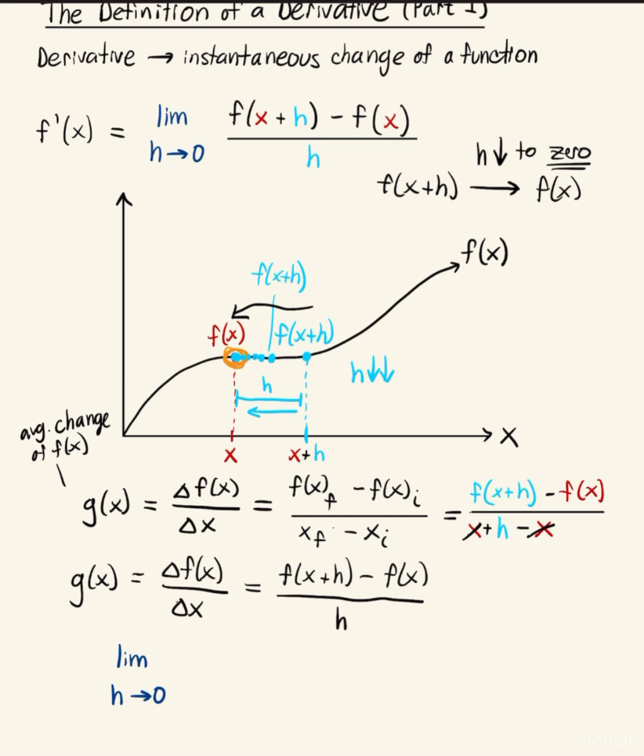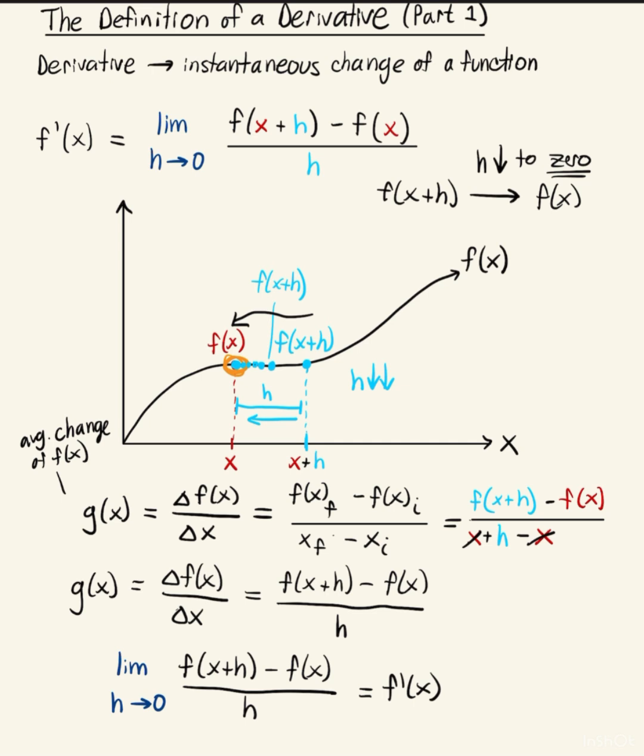Because if h was 0, then f of x plus h would just be the same as f of x. But we say as the limit as h approaches 0 of f of x plus h minus f of x over h, we get the change in f of x at that specific point that we were looking at. And that we can define as f prime of x.